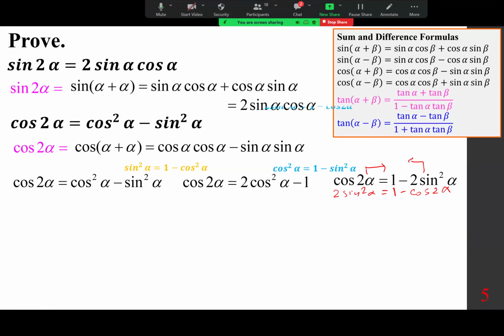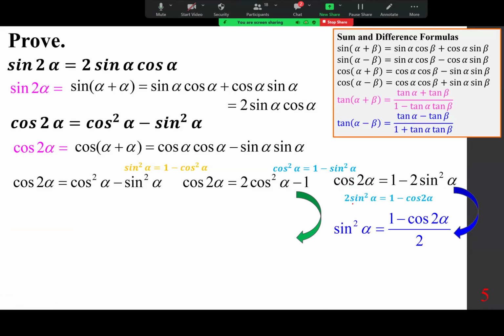Divide by 2, and you're done. Sine squared alpha is 1 minus cosine 2 alpha, divided by 2.